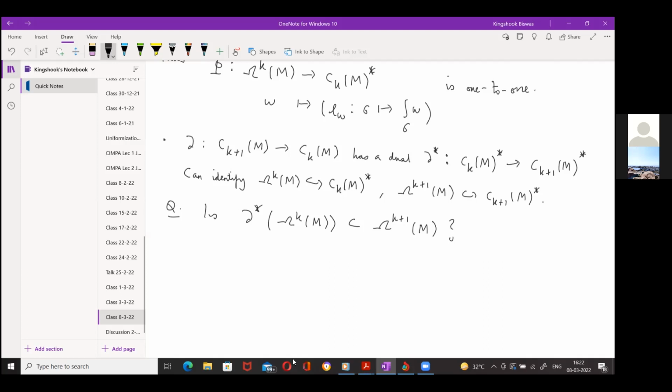So Stokes' theorem will essentially tell you that the dual of the boundary operator is the exterior derivative d. That's really what Stokes says in an abstract way of thinking about it. It tells you that the dual of the boundary operator is the exterior derivative when restricted to forms. So we'll talk about this on Thursday.